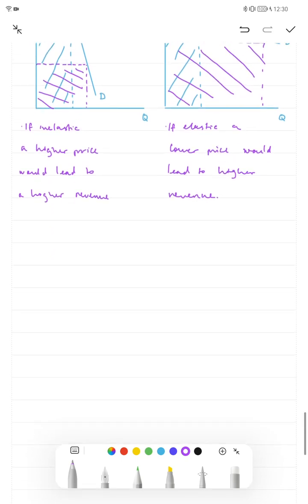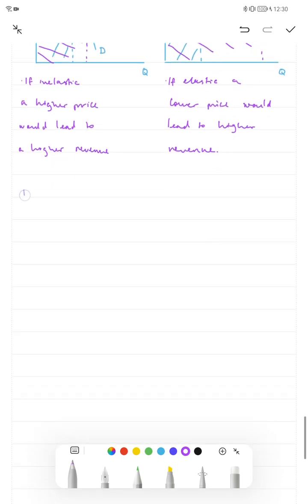The same way that we had the price elasticity of demand, we can also have the price elasticity of supply. We can call this the PES.